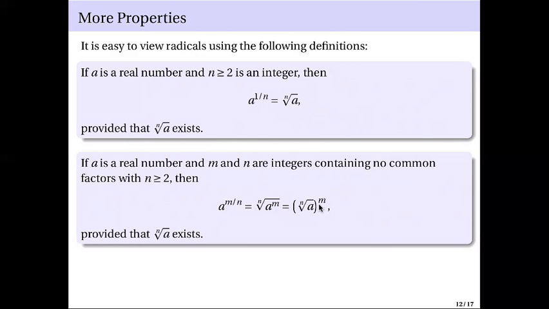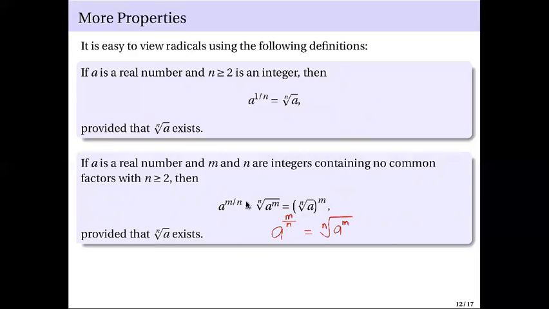Okay? So again, for emphasis, let us rewrite that. So A raised to m over n. So that's the exponent of A. It can be turned into radical symbols. So that's the same as nth root of A to the m.